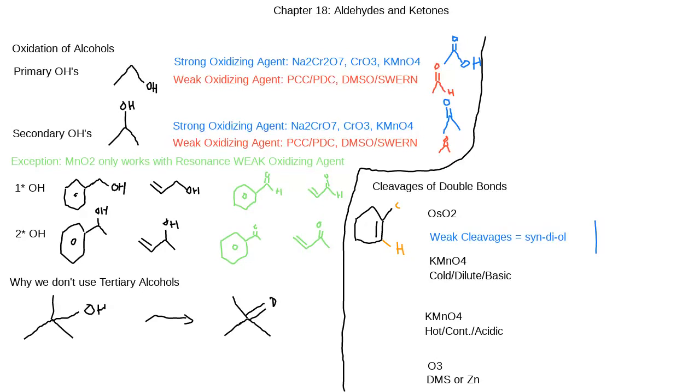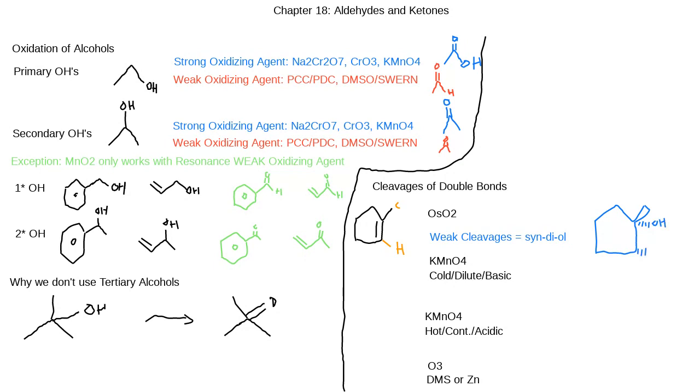And I'll explain what that should look like after I draw this. So when we're cleaving this, these 2 reagents will not cleave it completely. They will break the double bond for sure, but they are going to add 2 alcohols in a syn fashion.